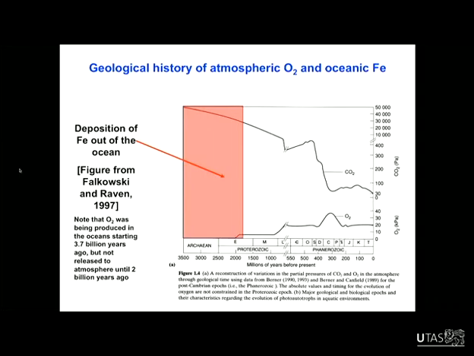At that point, there was a lot of dissolved iron in the global ocean because the oceans were not oxygenated yet. Then along come phytoplankton, and they work out how to synthesize oxygen out of inorganic carbon and sunlight. And as soon as they start, in this period here, the oceans are starting to get oxygenated. It's not until a billion years or so later that we start to see oxygen in the atmosphere.